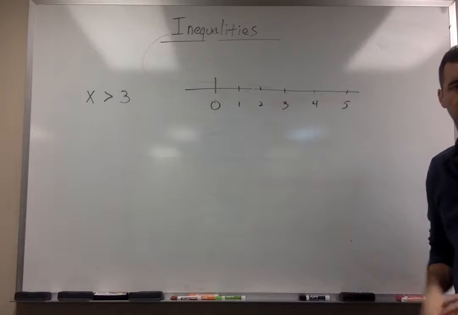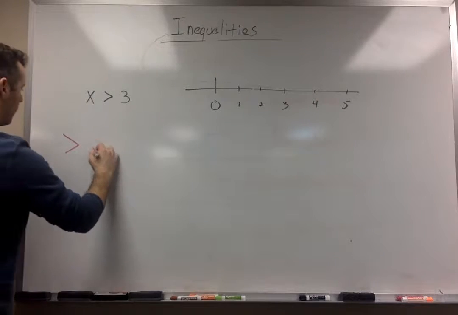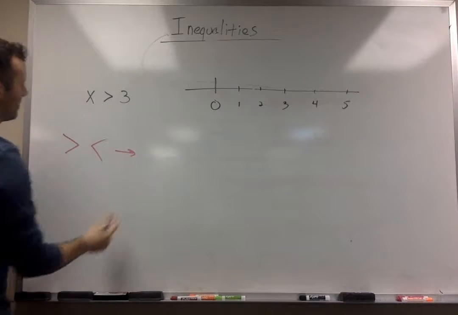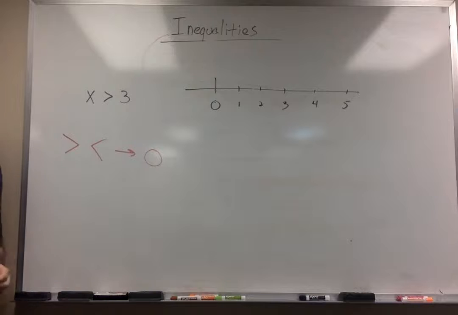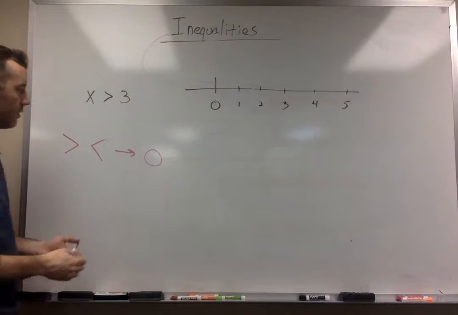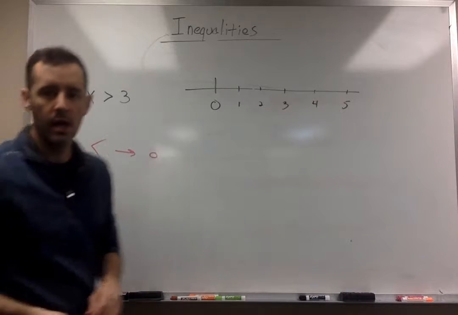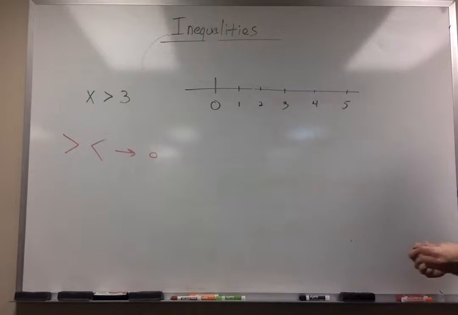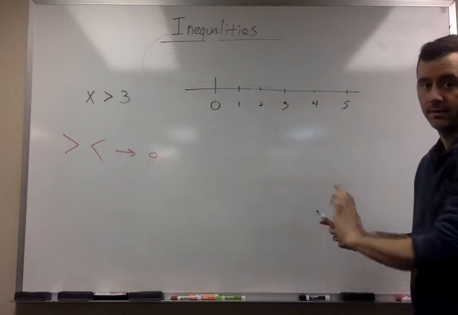Well, with the greater than or less than symbol, when we graph it, to show that it's not equal to 3, we use an open dot on our graph, like that. It's not a 0, it's an open dot, okay? And so when we graph it, that's how we know if it's greater than or less than.